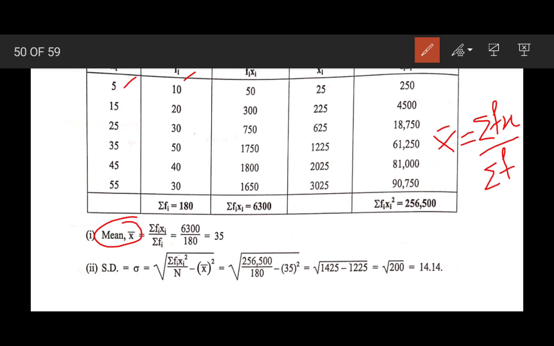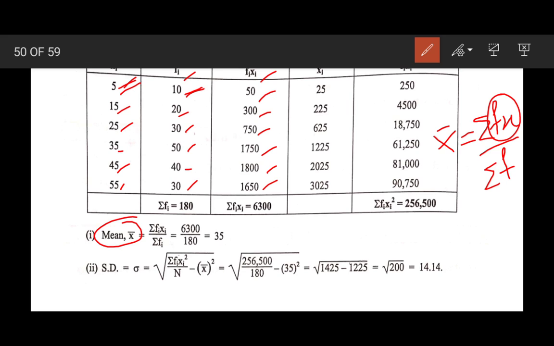So the next column will be the f into x column. Multiply frequency with x value. So 10 into 5, 50; 20 into 15, 300; 30 into 25, 750; 50 into 35, 1750; then 40 into 45, 1800; then 30 into 55, 1650, right?